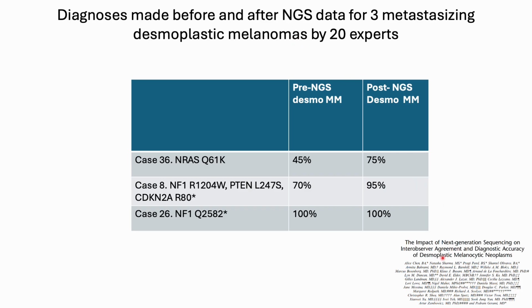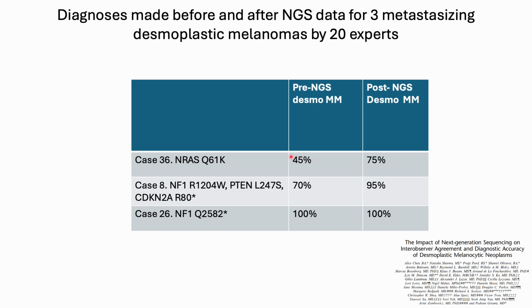This study used a similar approach to the previous study with melanoma with spitzoid features and asked 20 experts to look at digital slides without the benefit of the follow-up information or the molecular. And you can see for this case, only 45% were able to make a diagnosis of desmoplastic melanoma.